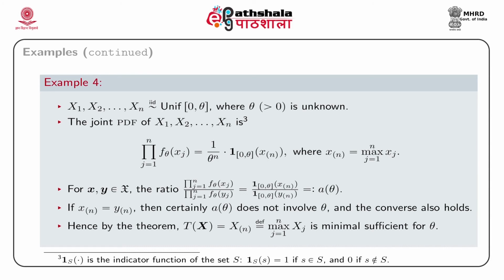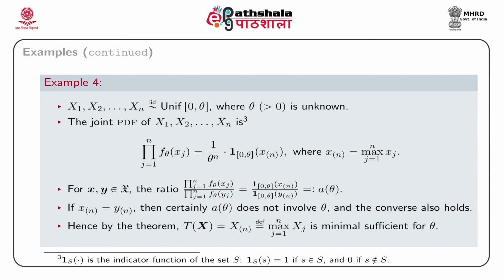Now, for the sake of simplicity, suppose that x_(n) equals 2 and y_(n) equals 0.5. Then a(θ) equals 0 when θ equals 1, a(θ) equals 1 when θ equals 3, and a(θ) equals 0/0 when θ equals 0.1 respectively.